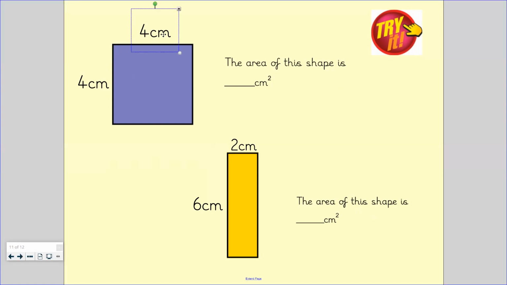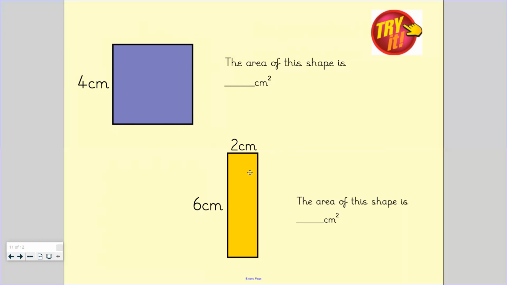I could get rid of that one and I would still know the area of this shape. Try and work out how I'd know. So if we think about the properties of a square, I know that this side is 4 and every side will be 4. So I can then times 4 by 4 to get 16.